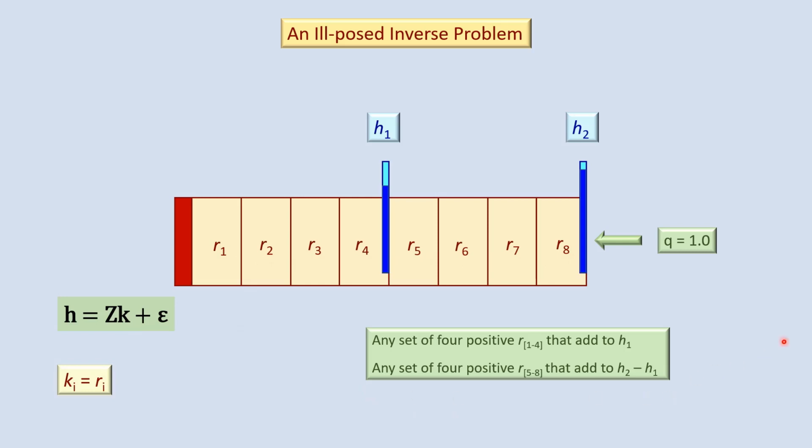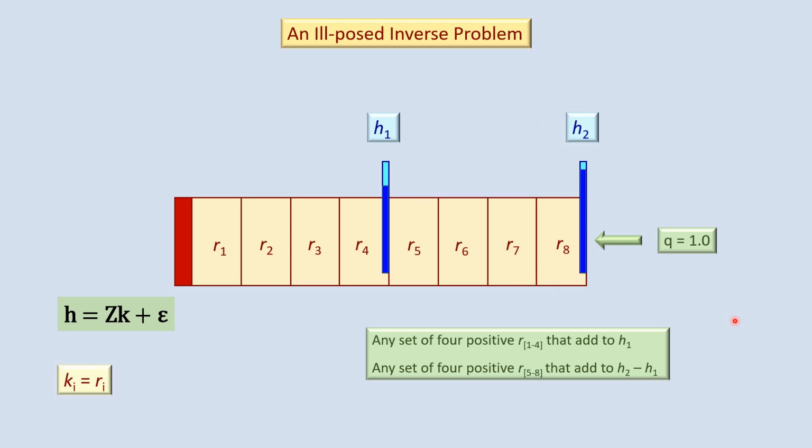Now, obviously this problem is ill-posed, and one can see just by looking at it that as long as R1 to R4 sum to H1 and R5 to R8 sum to H2 minus H1, then that is a solution to that inverse problem.